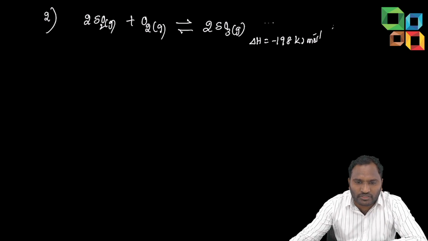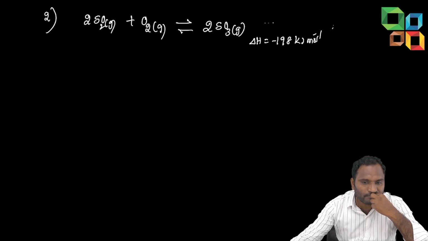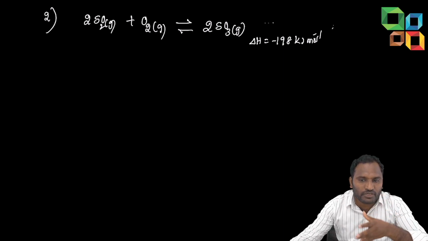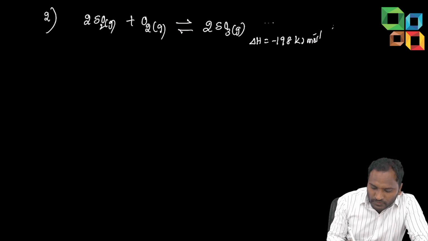No, it is not endothermic. That's my correct answer. Delta H value is negative, right? Negative means the forward reaction is exothermic. Exothermic means, with respect to temperature, which is favorable? Decrease of temperature.